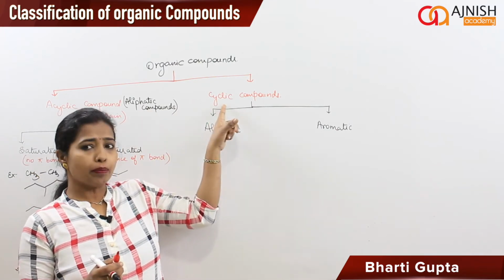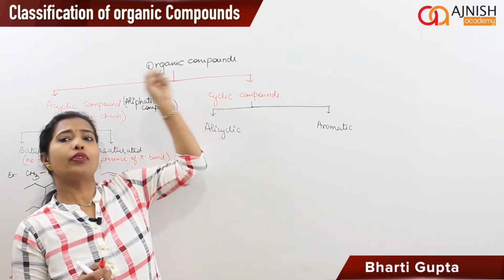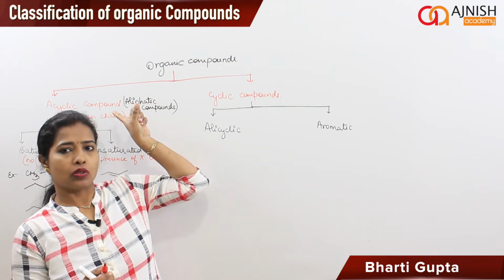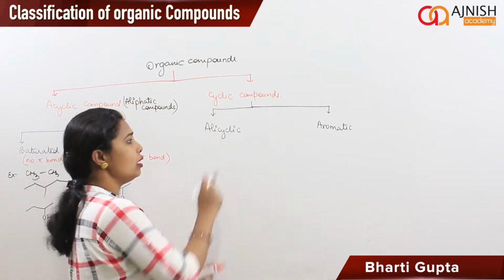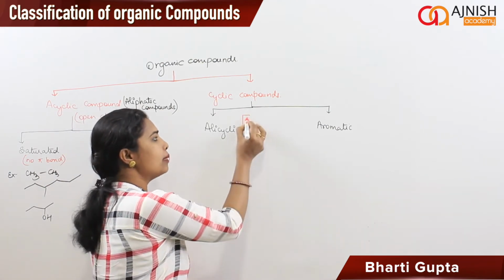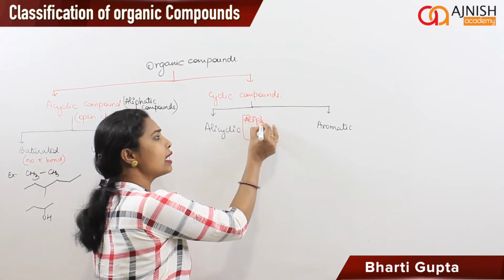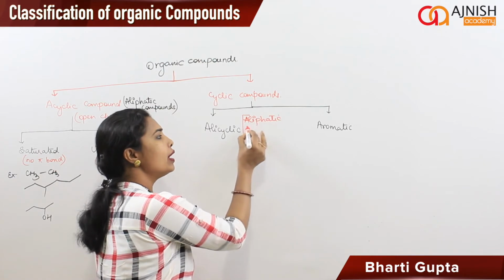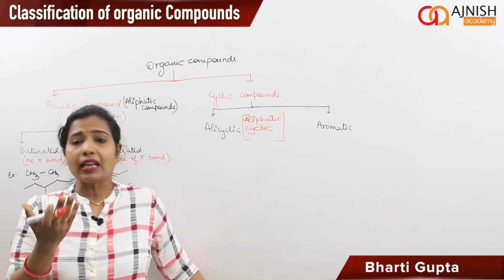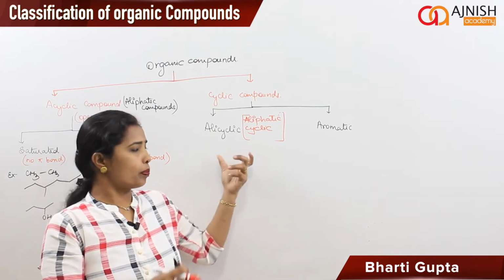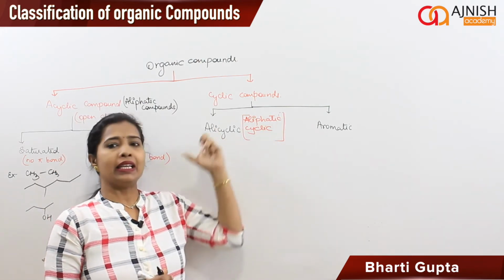It means cyclic compounds having properties of open chain compounds, aliphatic compounds. Actually, we can say alicyclic compounds are nothing but aliphatic cyclic compounds. So cyclic compounds have two categories, aromatic and alicyclic.